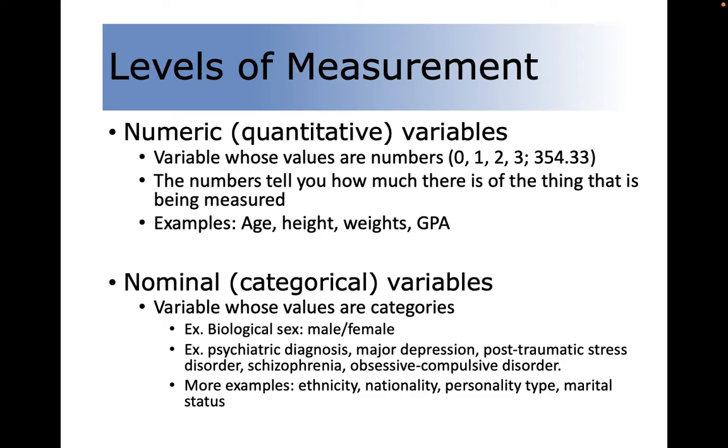Possible values could be major depression, post-traumatic stress disorder, schizophrenia, obsessive compulsive disorder, etc. Some more examples would include ethnicity, nationality, personality type, marital status. Okay? These are all variables for which a person's score places them in a category.